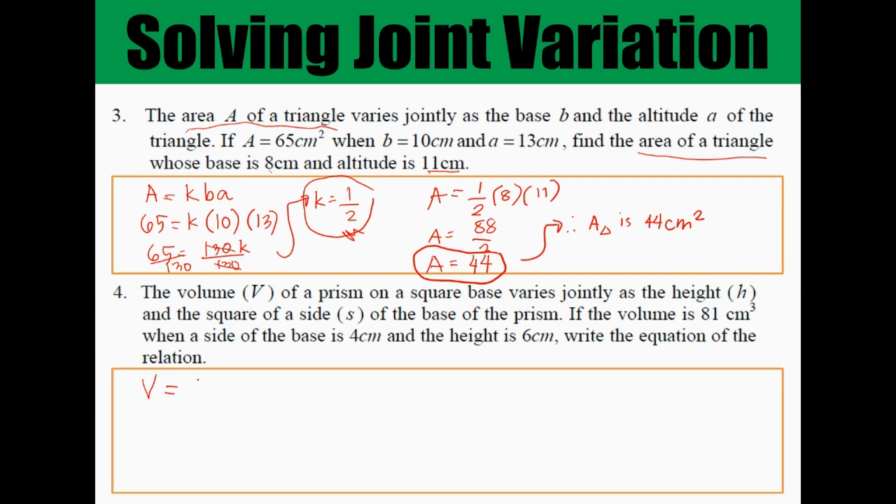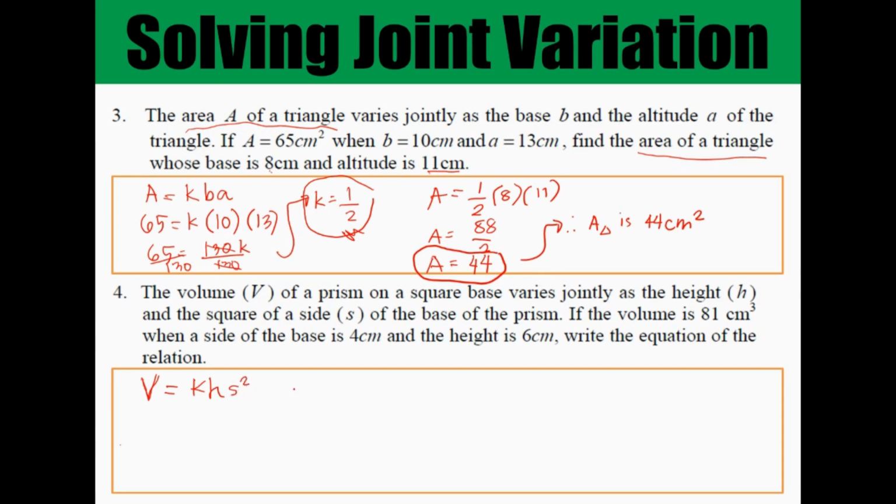So, meaning to say, yung prism natin ay square yung base. So, pag ganito yung equation natin, V equals, varies jointly as the height and the square of side. So, we have S squared.